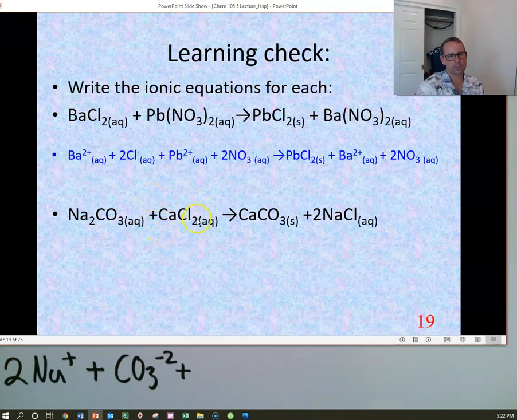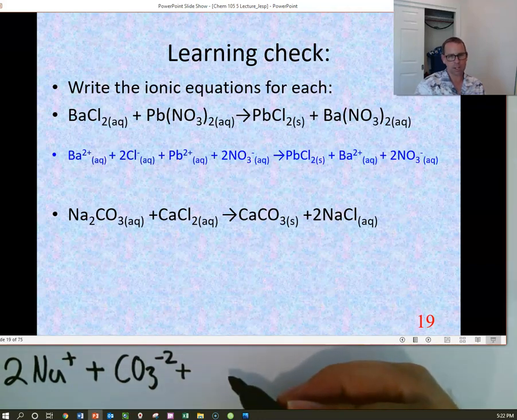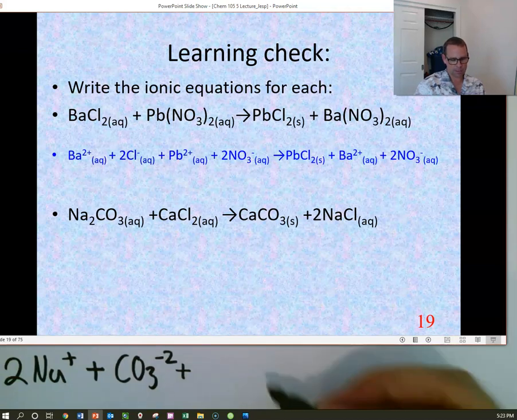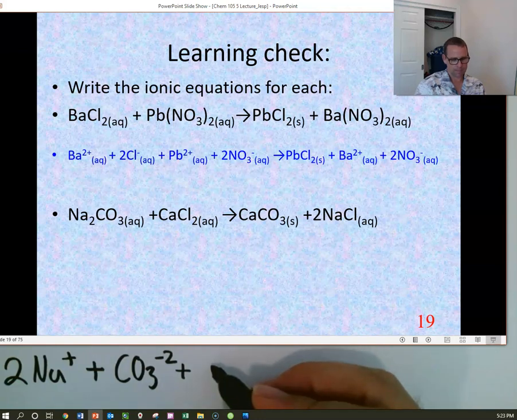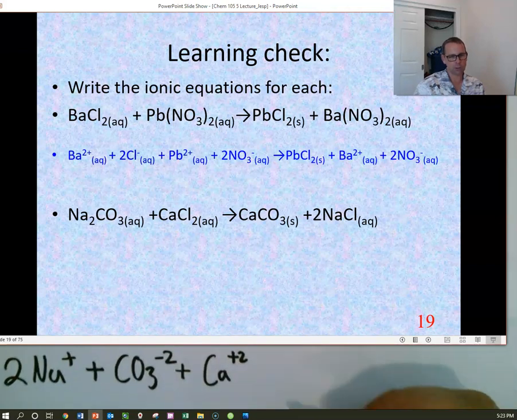Calcium chloride breakup. So we would have calcium and chloride. Chloride is the Cl, right? Yep, Cl minus, has a minus charge on it. How many chloride ions? Calcium would have a plus 2 charge. Very good, positive 2.